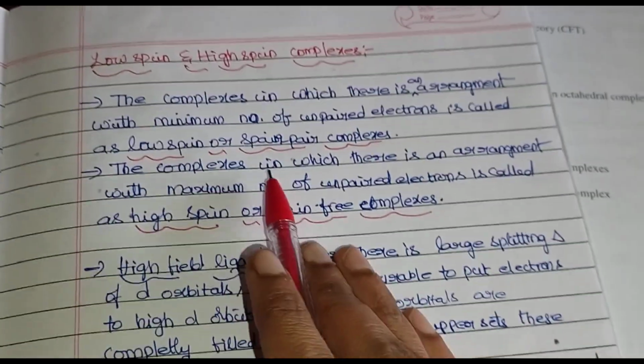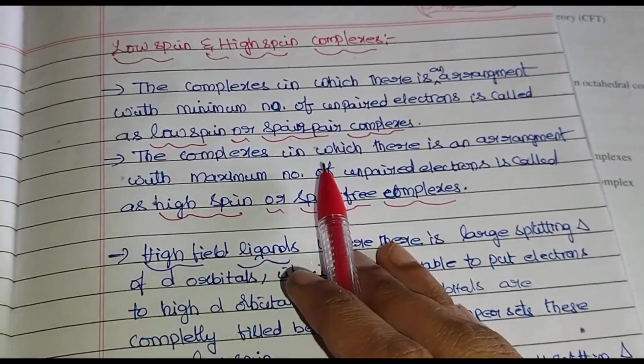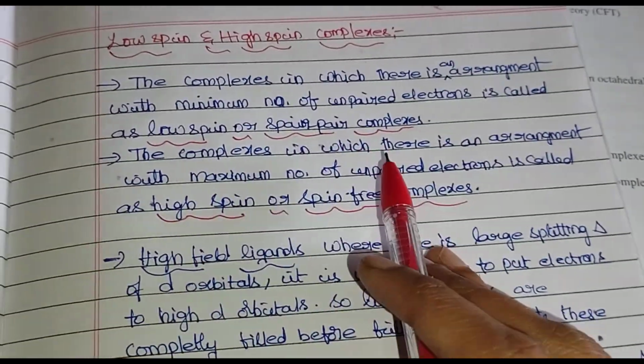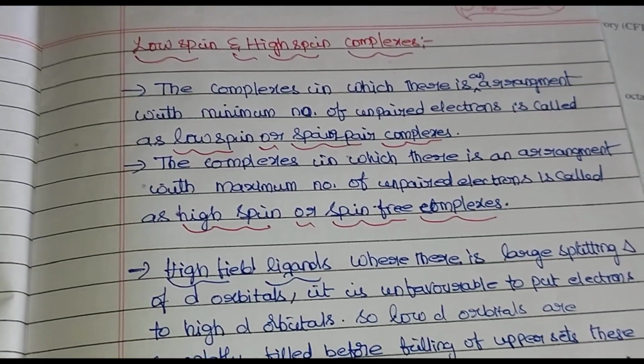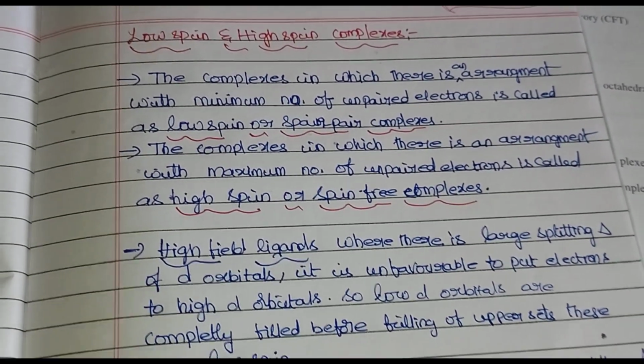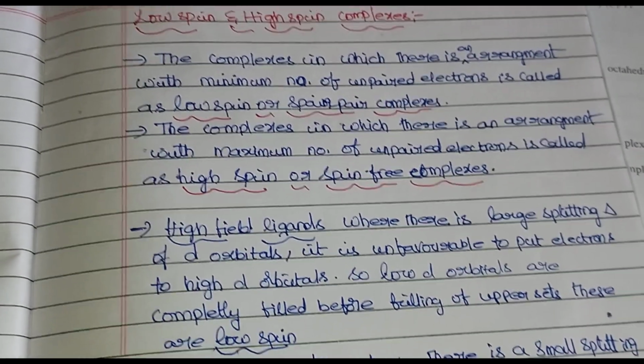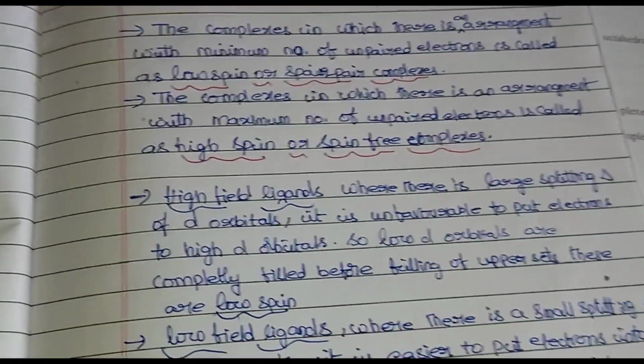That's why they are called spin-paired complexes or low spin complexes. The complexes in which there is an arrangement with the maximum number of unpaired electrons are called high spin or spin-free complexes. So let's understand this.